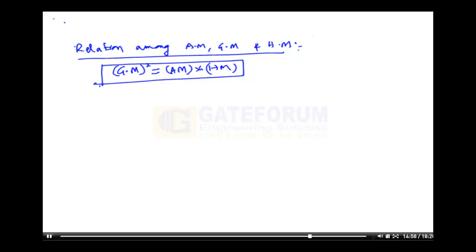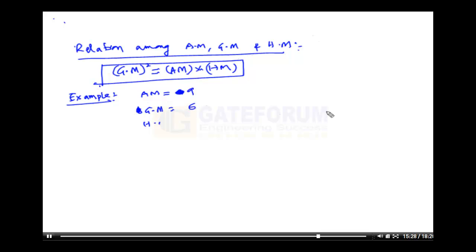Let us take one example. Here we'll take AM is equal to 9 and GM is equal to 6.